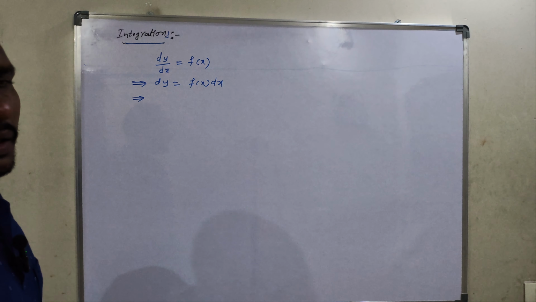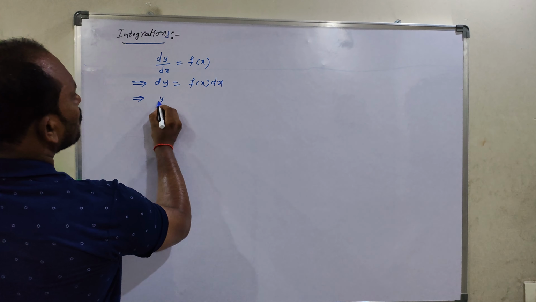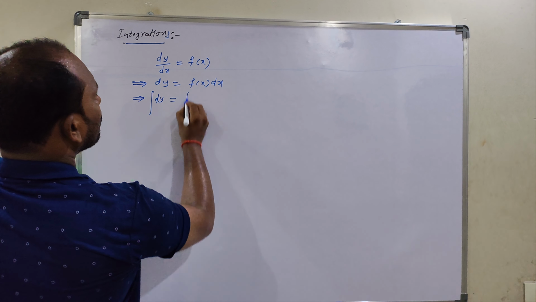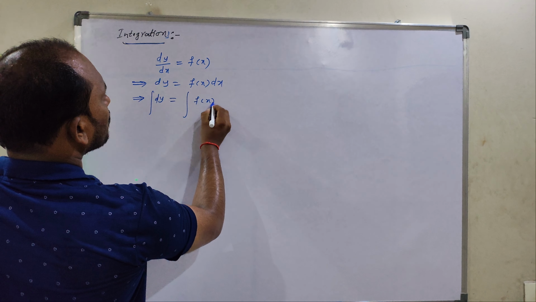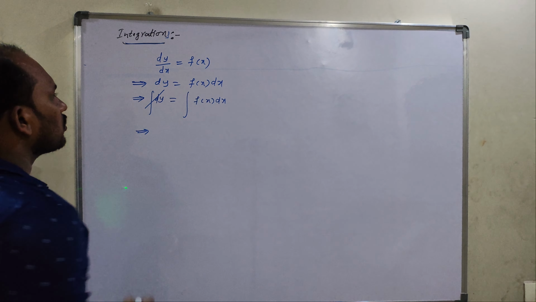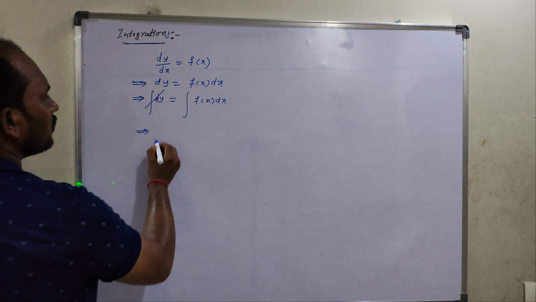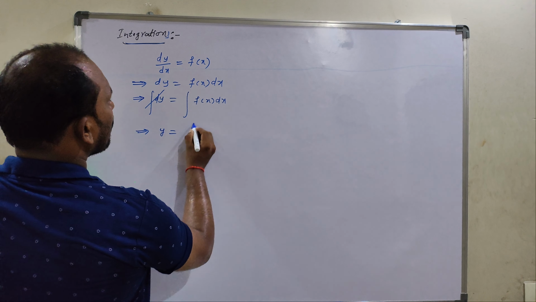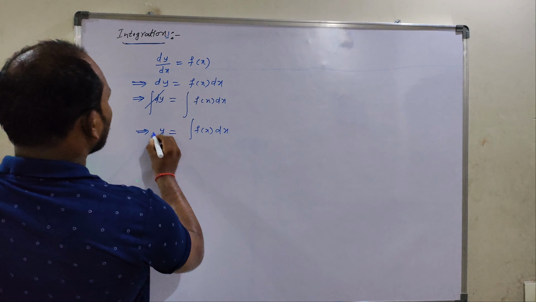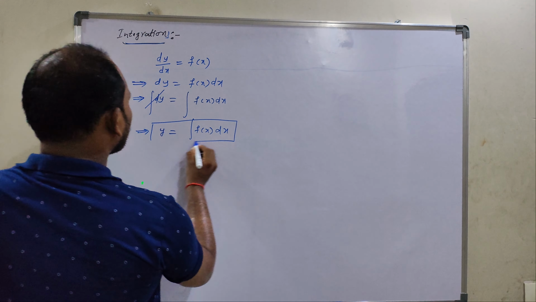So y is equal to integral of dy, which is the integral of f of x dx. Integration and differentiation are reverse processes, so I can get y. So y is equal to the integral of f of x dx. This is the meaning of integration.